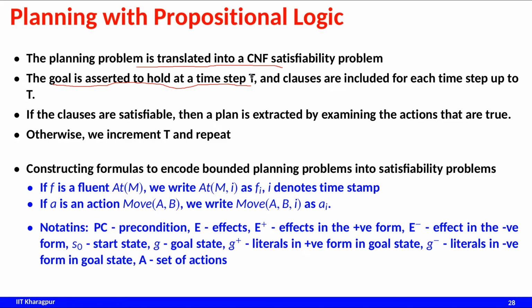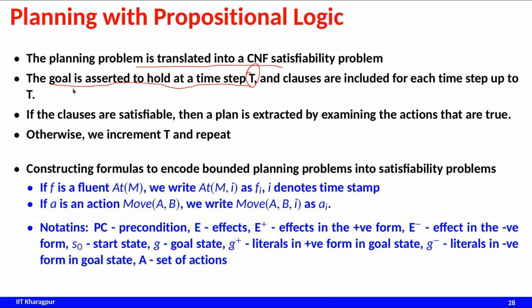That means we need to unfold t units, and then we try to find the solution after unfolding up to time step t. And the clauses are included for each time step up to t. So what does that mean? It will be clear in a moment.